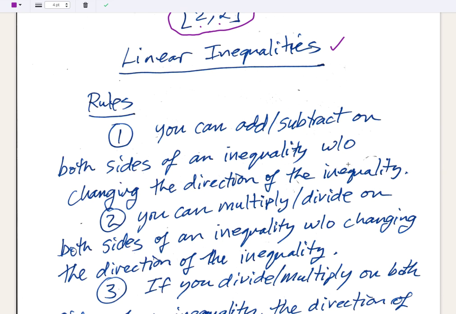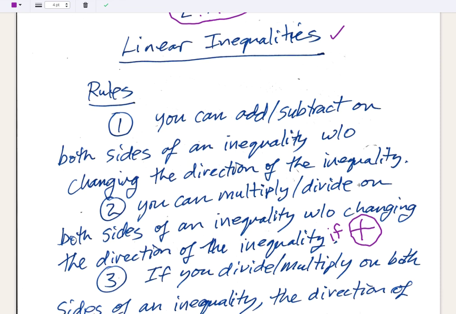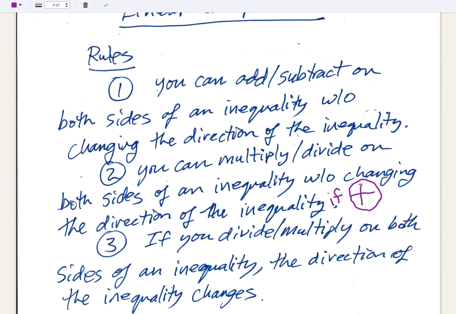Number two, you can multiply or divide on both sides of an inequality without changing the direction of the inequality if the quantity is positive. If the quantity is positive, then you can divide or multiply on both sides by that quantity, and it will not change the direction of the inequality.